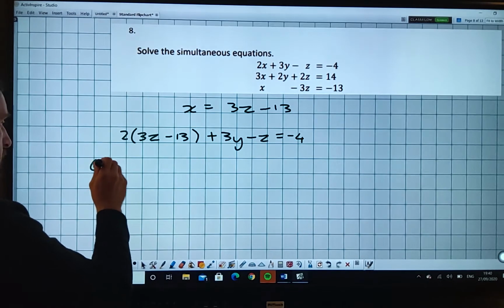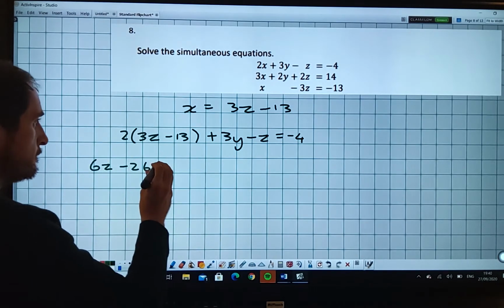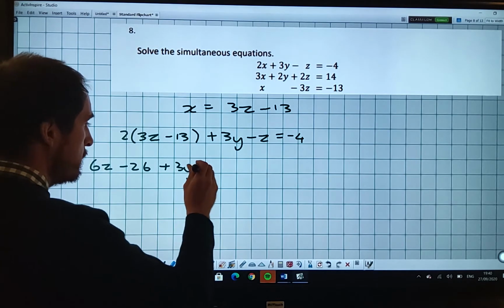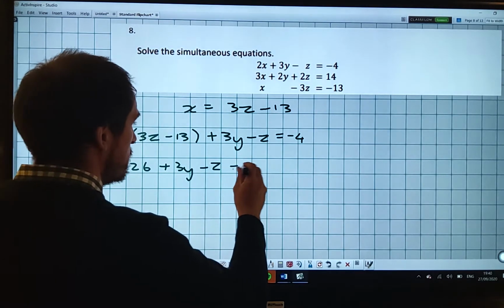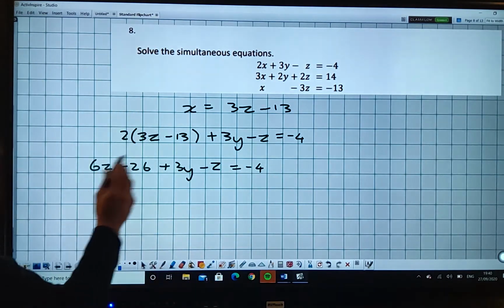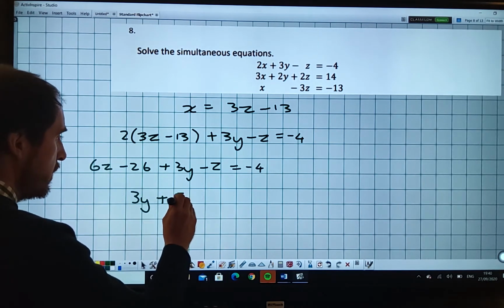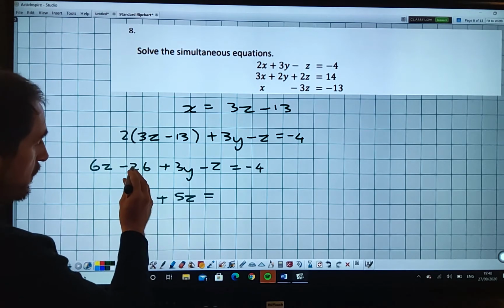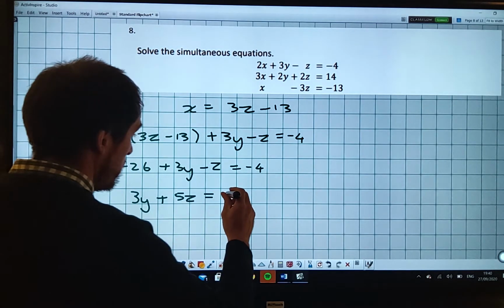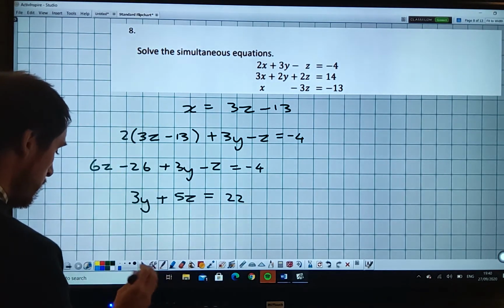So 6z minus 26 plus 3y minus z is equal to minus 4. 6z minus z is 5z, so I've got 3y plus 5z is equal to 26 minus 4, which is 22. So that's one equation I'm going to use.